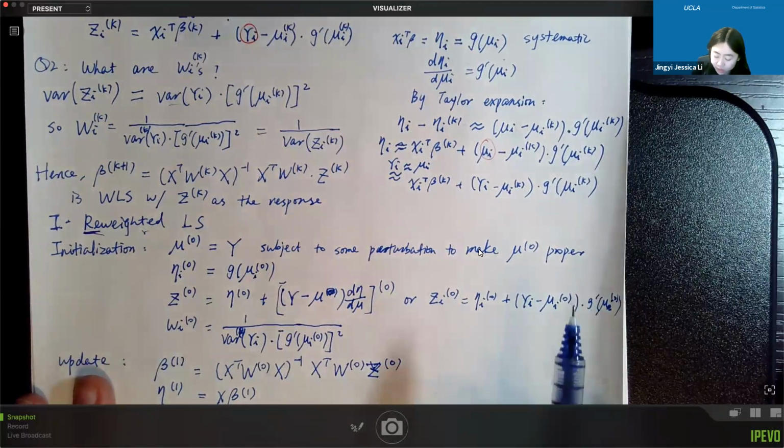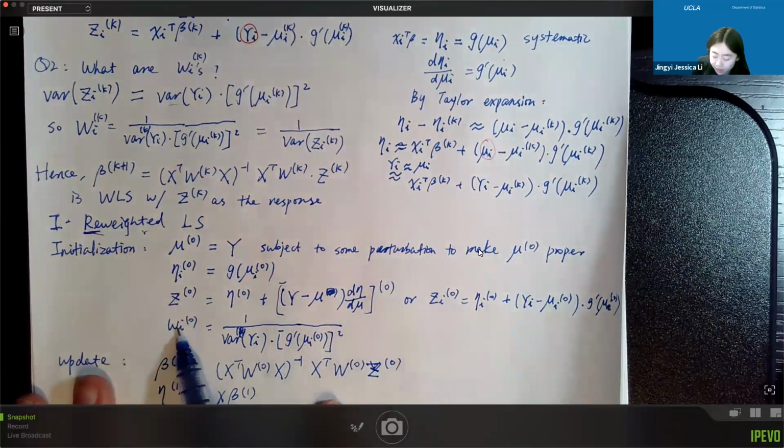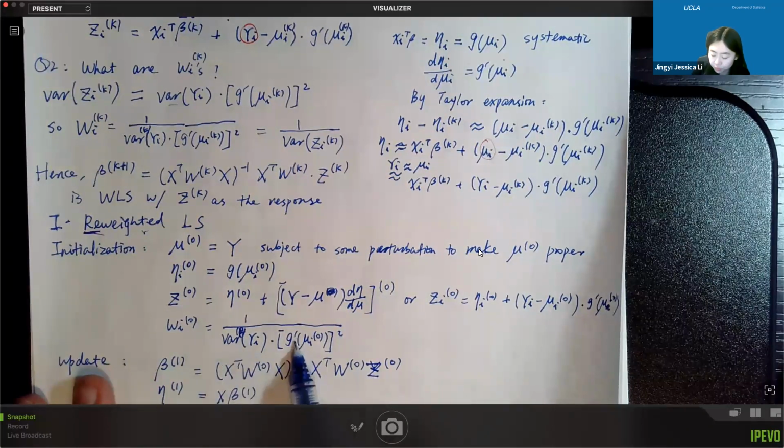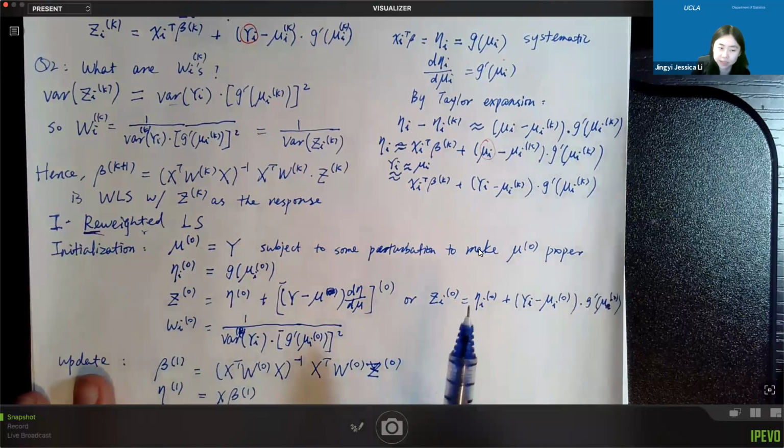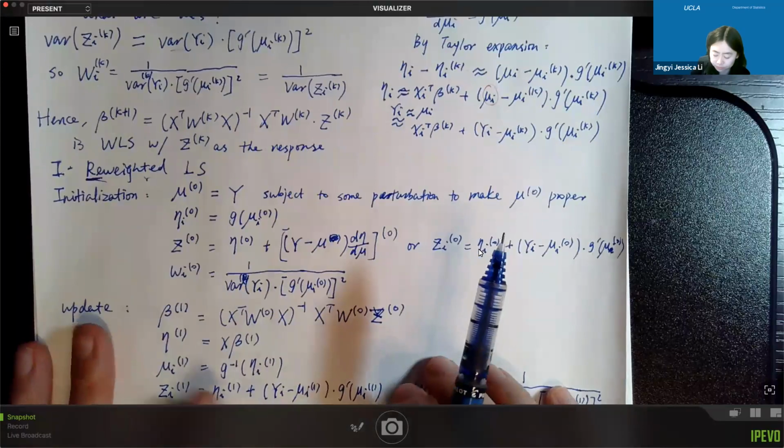And finally, we need weights. The weights by our definition is the variance of yi times g prime of mu i0 squared. Please note that since the variance involves parameters, we need to also put 0 here too, because the variance itself will be updated as our parameter value changes.